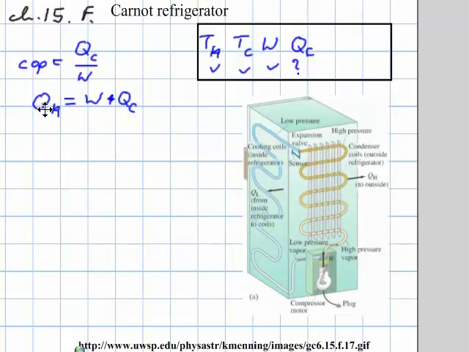We don't know how much heat is being dumped into the kitchen, and this is what we're supposed to figure out, and the two don't overlap because they have two different variables, so we're still looking for something else. And this is the equation that we could use, this following one here, QC over QH equals TC over TH. And obviously we had to do something here with the temperatures because that's given, so we're supposed to figure something out with the temperatures.